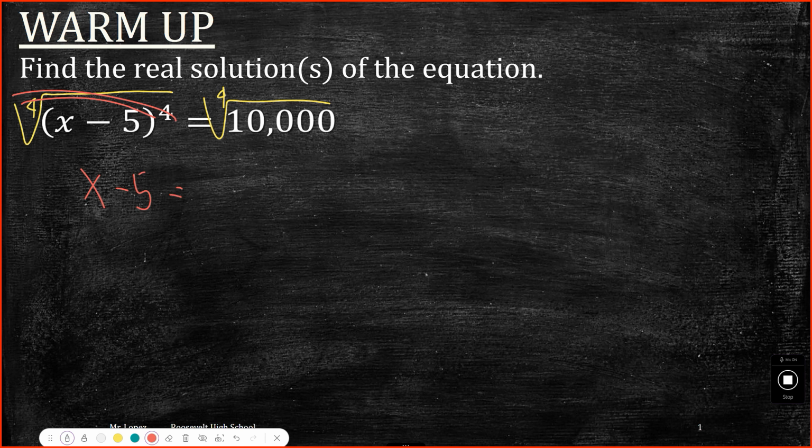Fourth root of 10,000, meaning what number multiplied by itself 4 times is 10,000? Is it 10? So this is going to be 100. 100 times 100 is 10,000.